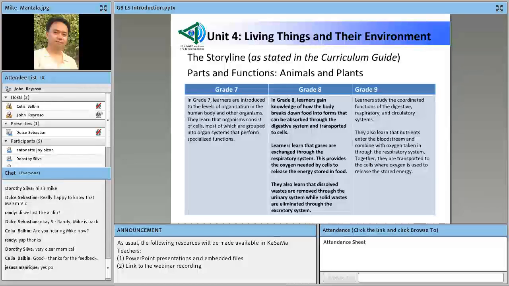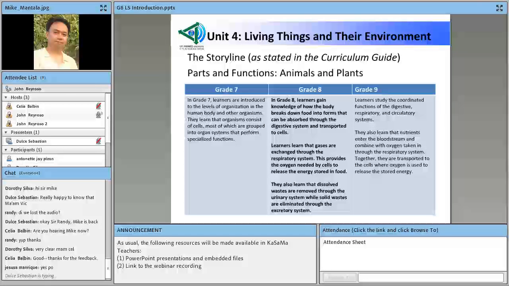Then moving to grade 8, learners gain knowledge of how the body breaks down food into forms that can be absorbed through the digestive system. So that's actually the focus of Module 3, the digestive system. Also in grade 8, learners learn how gases are exchanged through the respiratory system. They also learn that dissolved wastes are removed through the urinary system while solid wastes are eliminated.